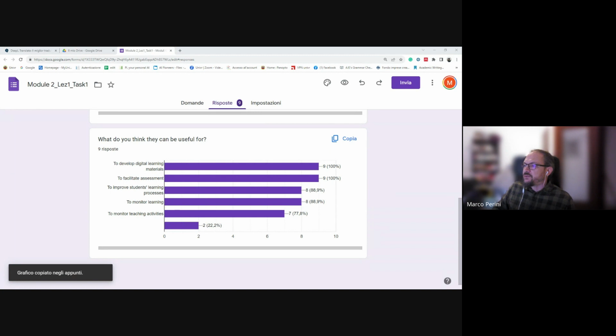So we need to reflect if the economic cost of using technology is good if we compare it with the results of its implementation.